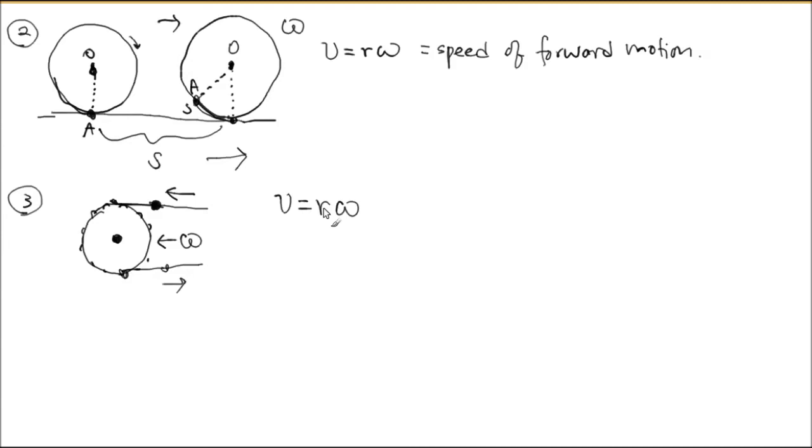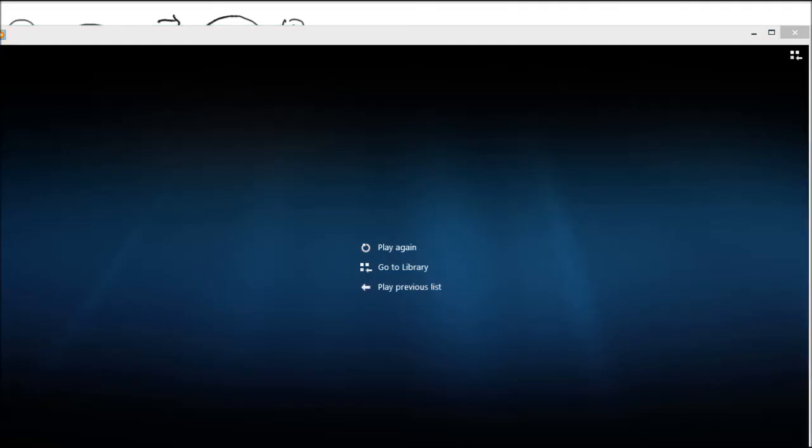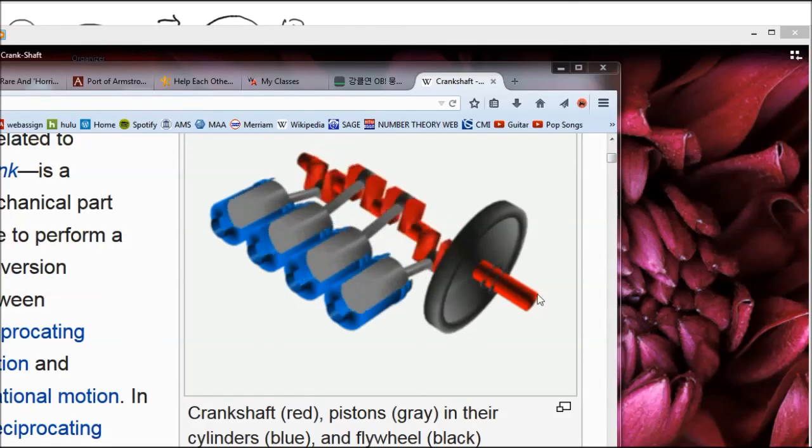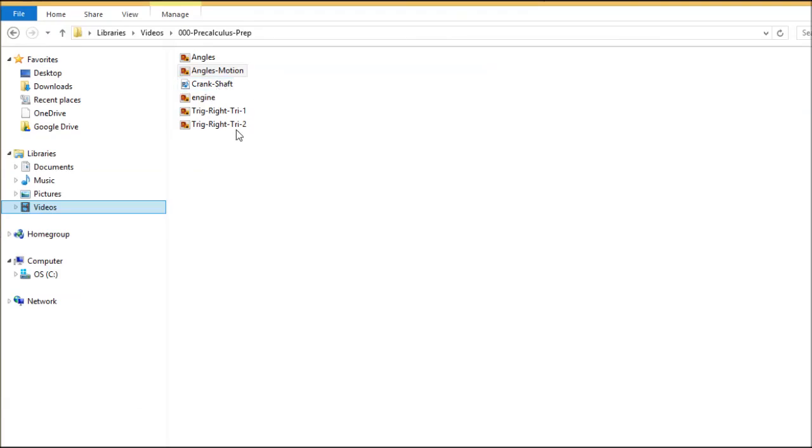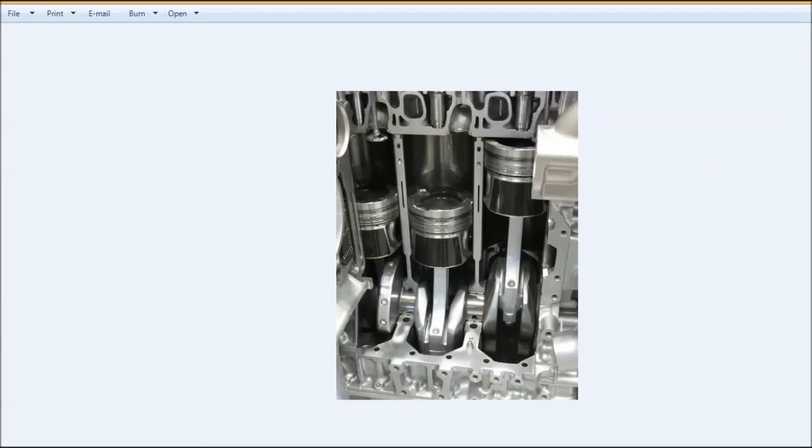Okay? All right. So here's one example, this part is called a crankshaft, and I also have a picture of that. This is an actual picture of an engine cut out, and when you drive a vehicle, combustion is happening, and this thing is moving.